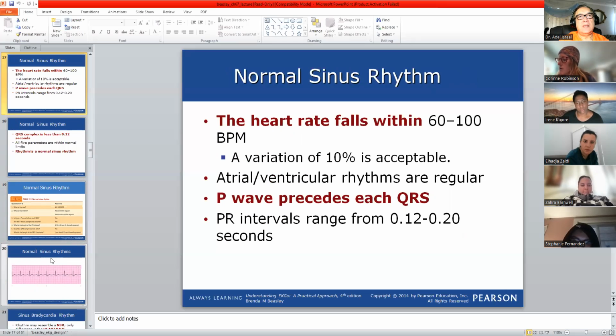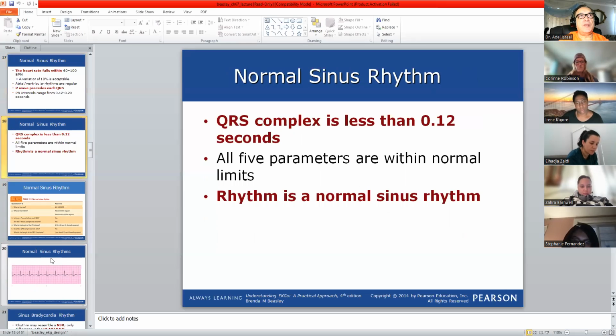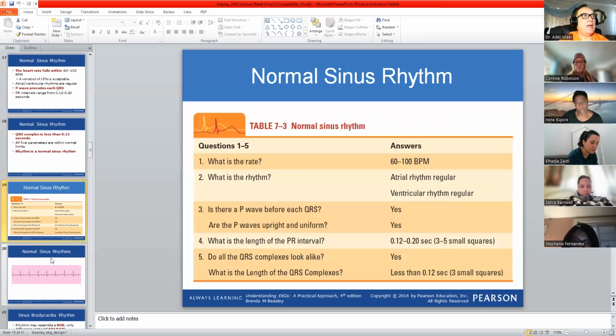And here, the book does a revision for you, like we did right now, for each rhythm, each item, how it should be normal. And here we have the golden slide, as I told you. This golden slide is talking about the 5 items that should be in a normal sinus rhythm.